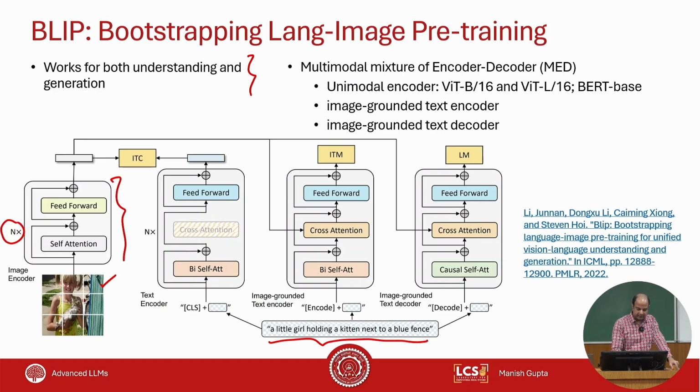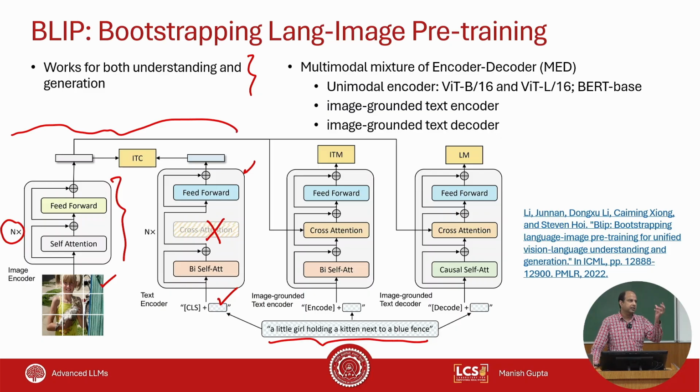You take the entire text, prepend the CLS token to it, and give it to your traditional BERT style transformer encoder. There's nothing specific about this tower either. As you see, the cross attention is not there; it's just self attention and feed forward. So if you focus on just this part of the model, it's just CLIP actually.